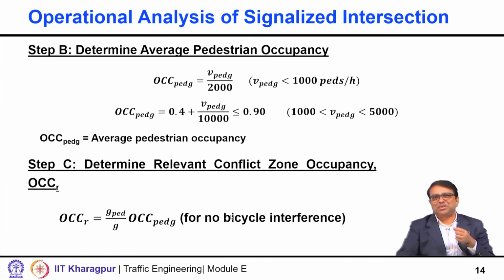average pedestrian occupancy, right, because not the entire green which is available for that lane group, they have to face pedestrian interference. But if GPD is equal to G, then for the entire green they have to face the pedestrian interference.